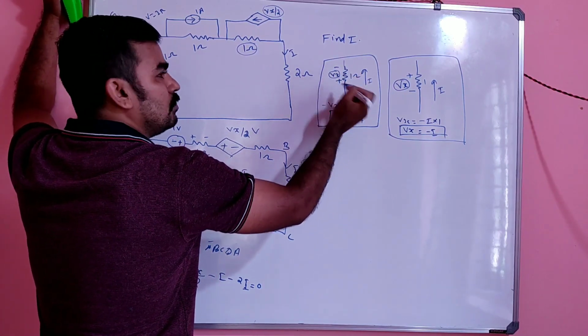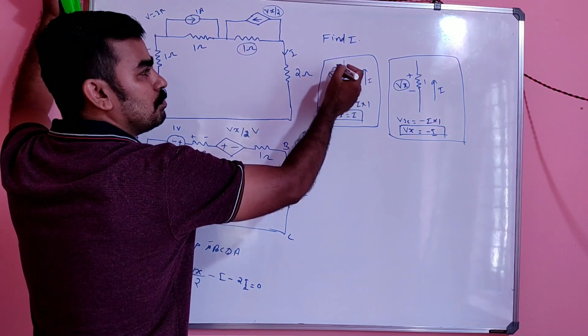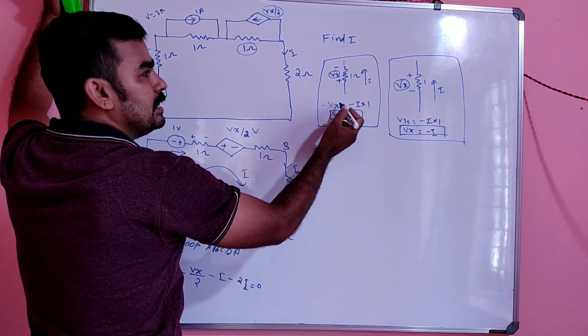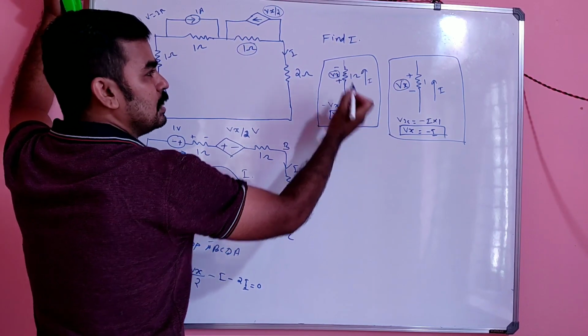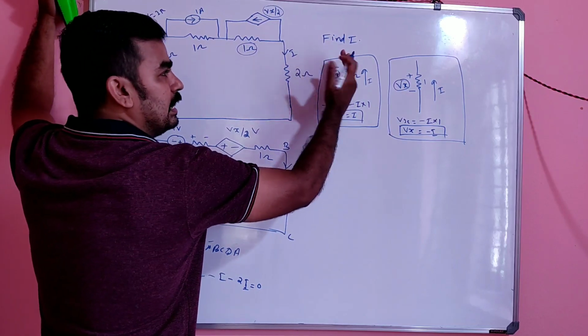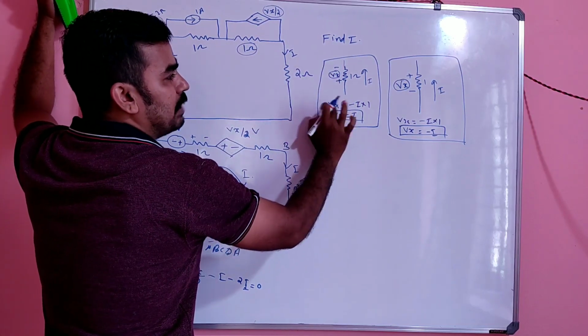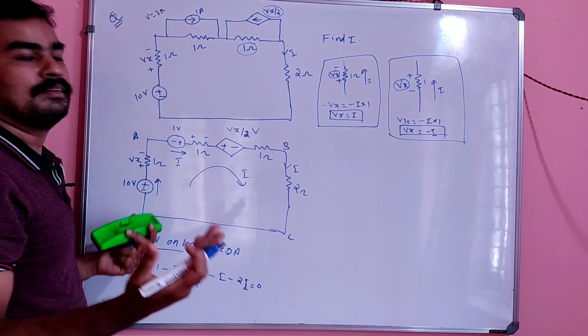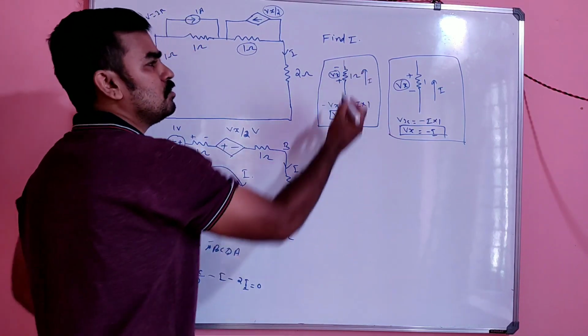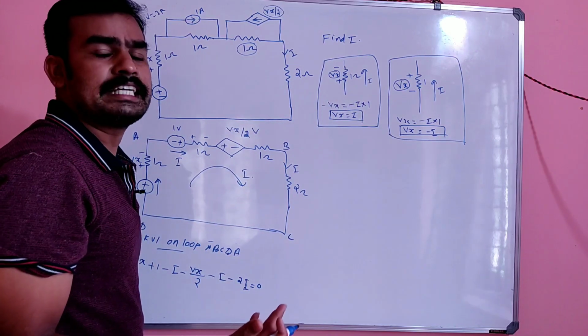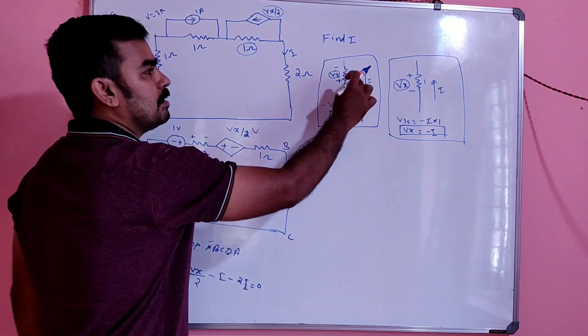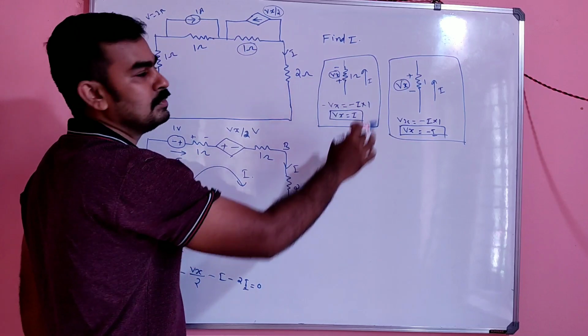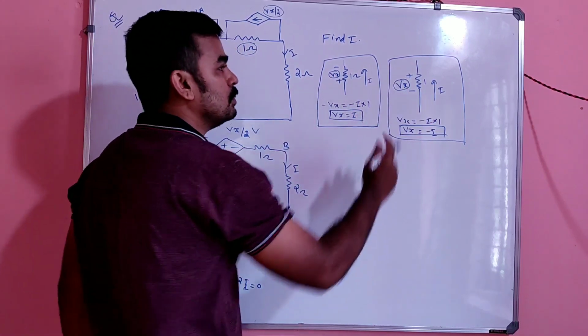Going from plus to minus means it is decreasing, so minus Vx. Consider this as a voltage source, write minus Vx, and consider the other part as a resistance only. There is a loss of voltage and energy across it, represented by minus I into 1.